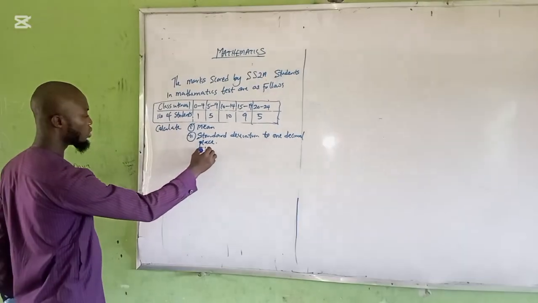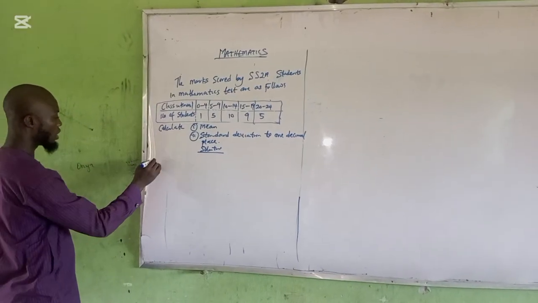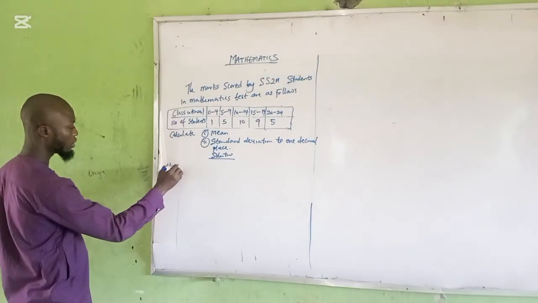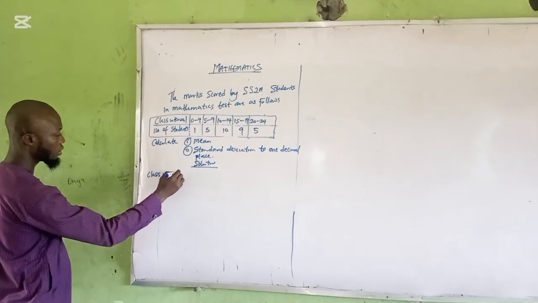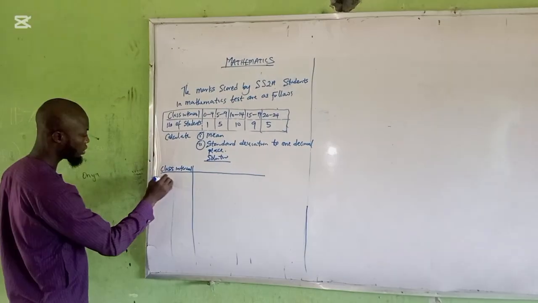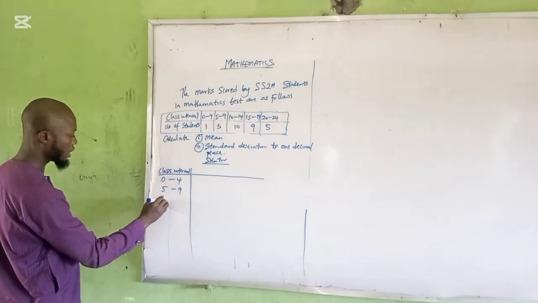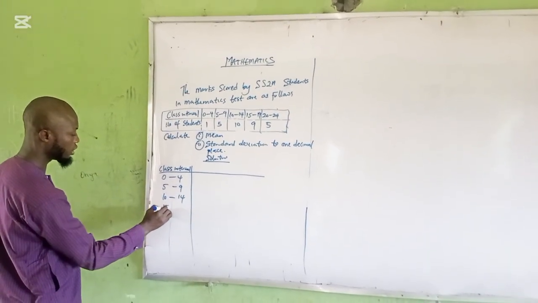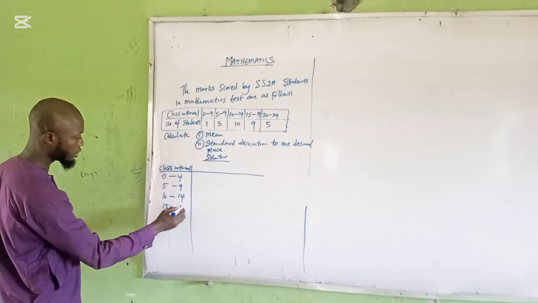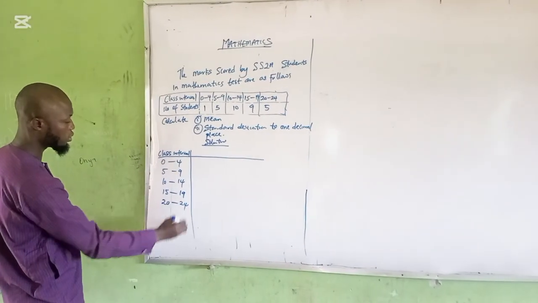Now, solution. We need to consult our table again. So you have our class interval: 0 to 4, 5 to 9, 10 to 14, 15 to 19, and the last one is 20 to 24.